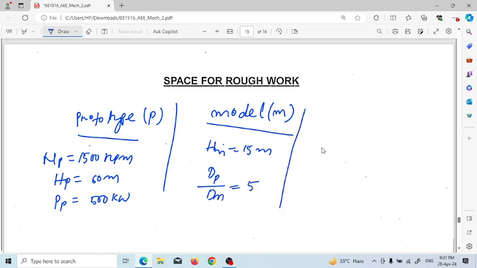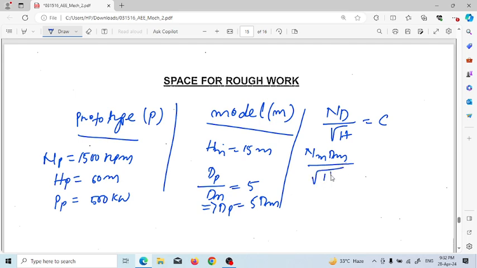So we know the formula ND over root H is equal to constant, and Dp is equal to 5 times Dm. So Nm into Dm divided by root over Hm is equal to Np into Dp divided by root of Hp.